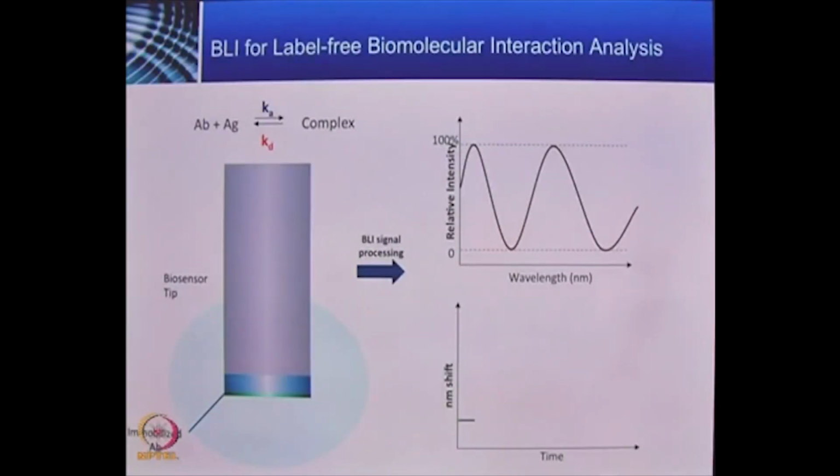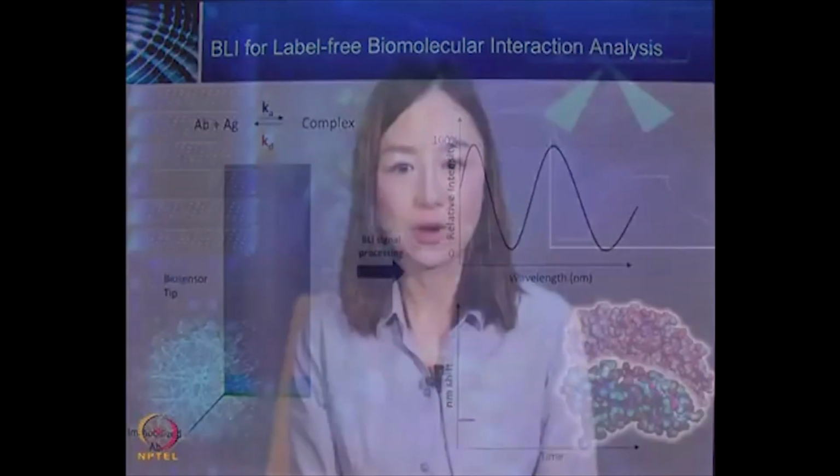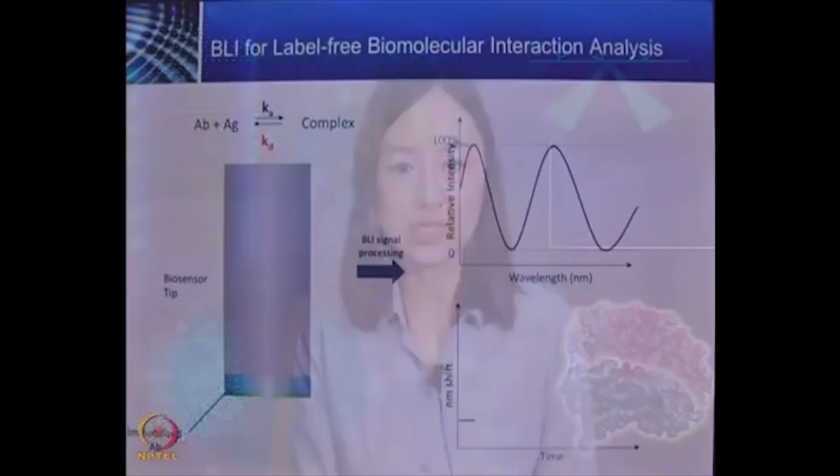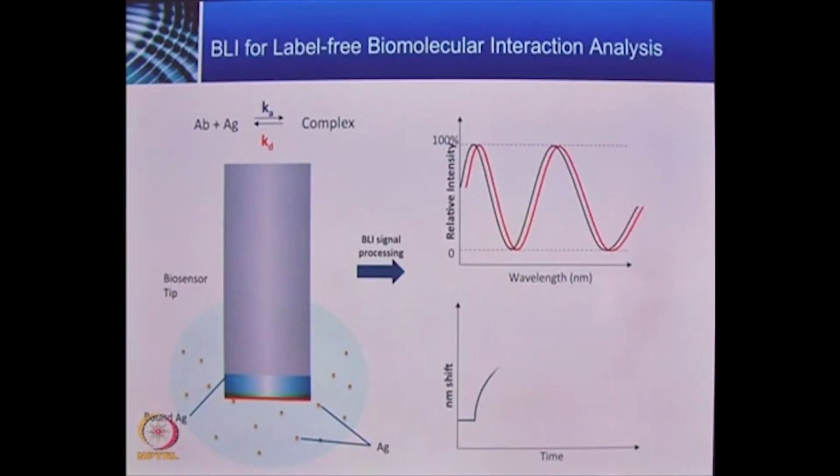As a result, if we have a biosensor which already has immobilized antibody on the very end, on the biomatrix, and if we put this biosensor into a solution containing antigen, the antigen will bind to the biosensor and result in a shift of the wave pattern, which in turn generates the association curve between the antibody and antigen.